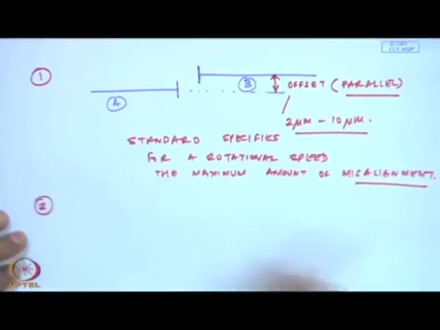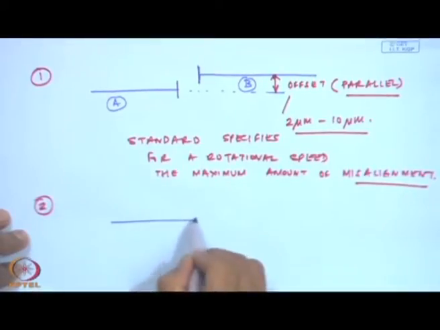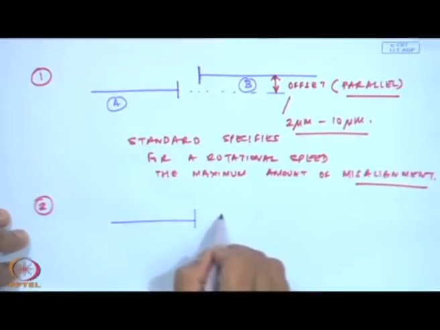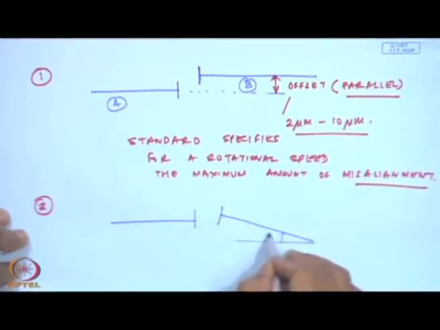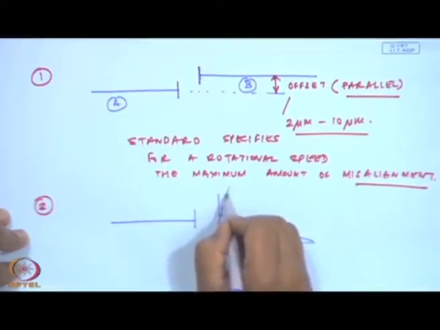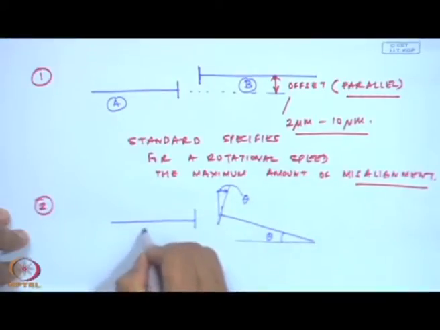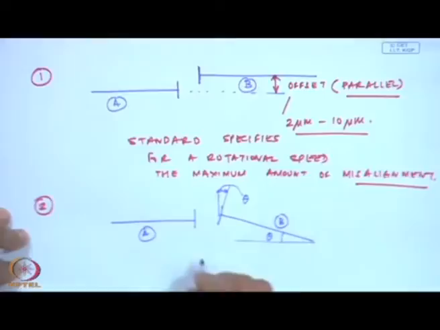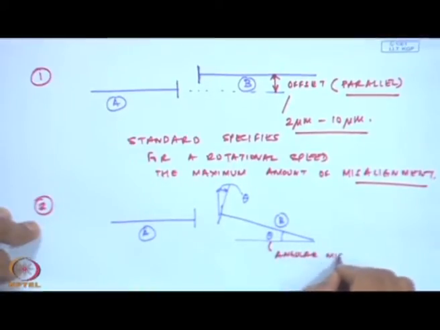In another case, we have the shafts at an angle to each other, some theta, shaft A, shaft B. This is what is known as angular misalignment.